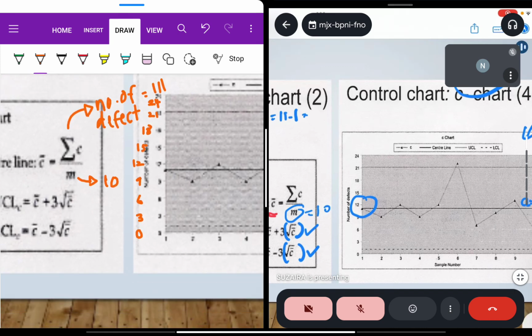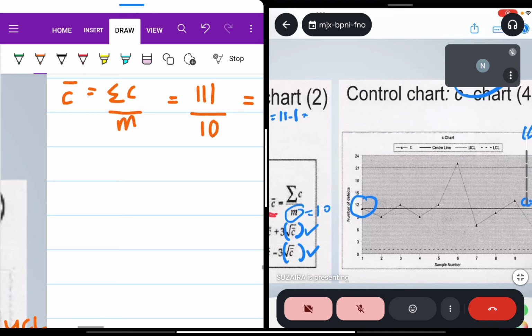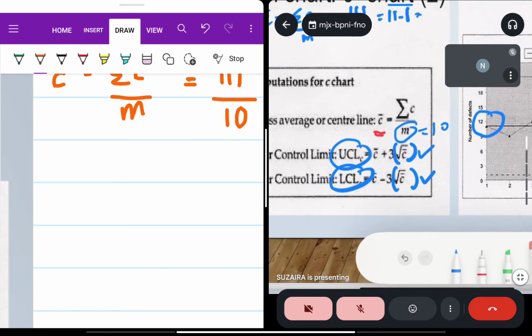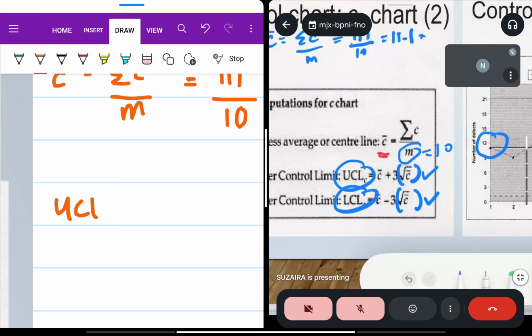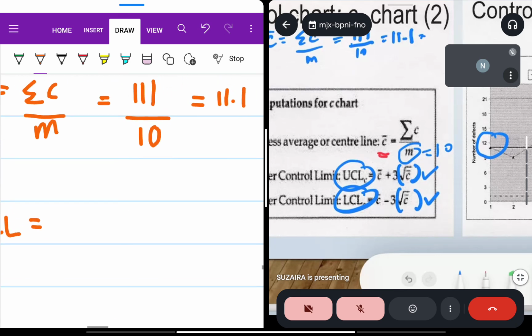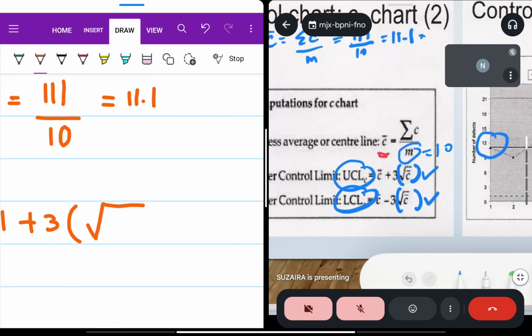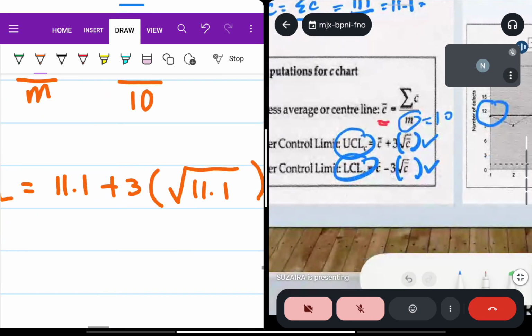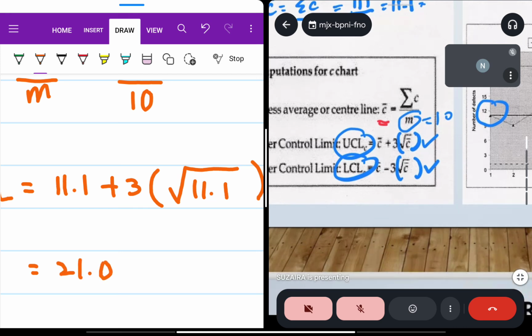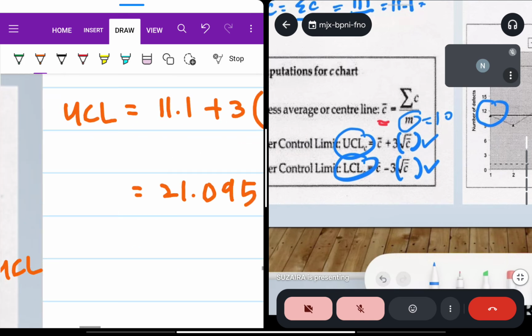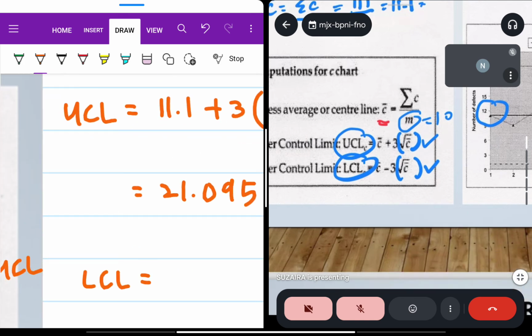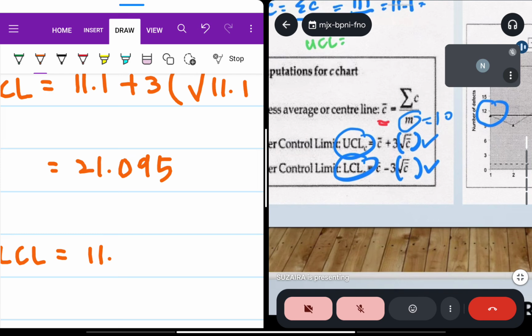So calculate the UCL and also the LCL. Do you know how to calculate the UCL here?